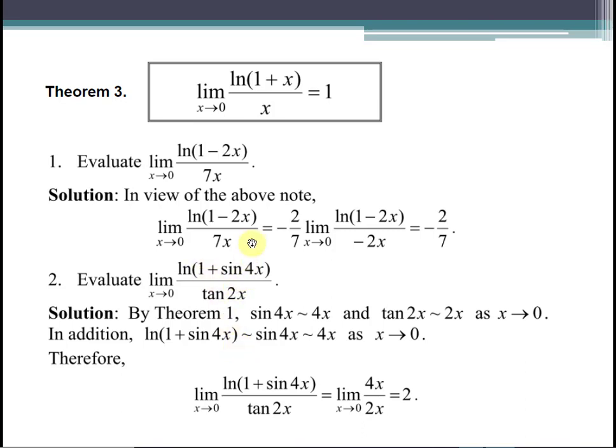This is equivalent to sine 4x, because if we divide by sine 4x, we get 1. That's why we call them equivalent. And sine 4x is equivalent to 4x, as x tends to 0. Therefore, we have 4x over 2x, or just 2.